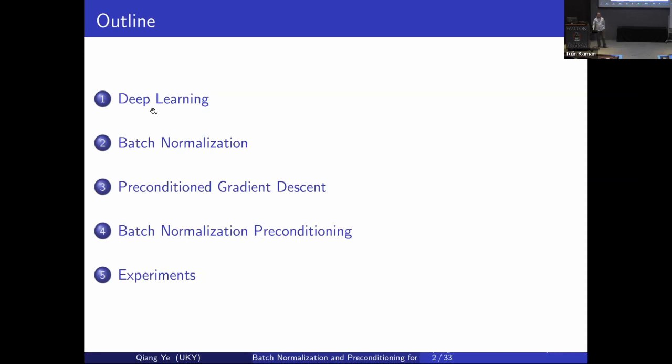And then we'll turn to preconditioning, and then preconditioning for gradient descent. And then I'll talk about constructing new preconditioning methods. When we talk about preconditioning, I will talk about a new convergence theory, a condition number-based convergence theory for neural networks. And then finally, I will show you some experiments.